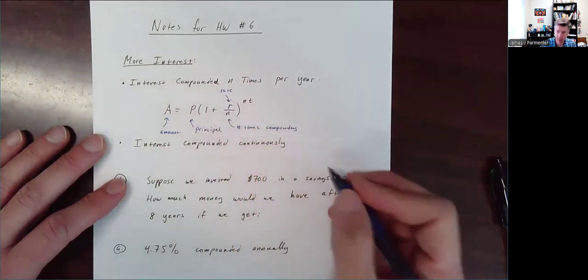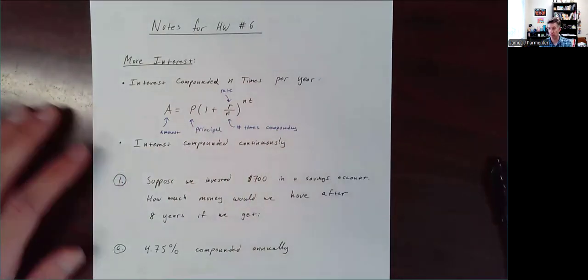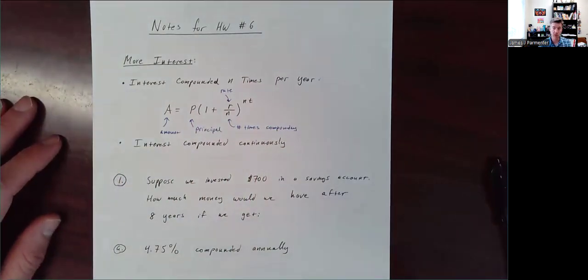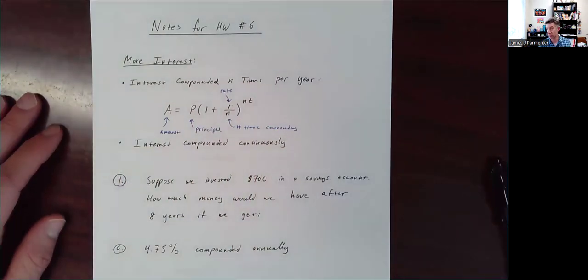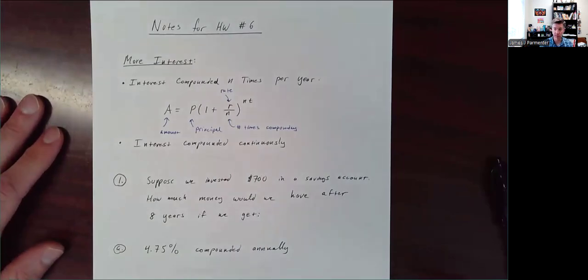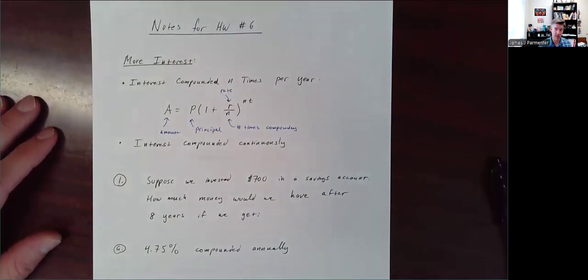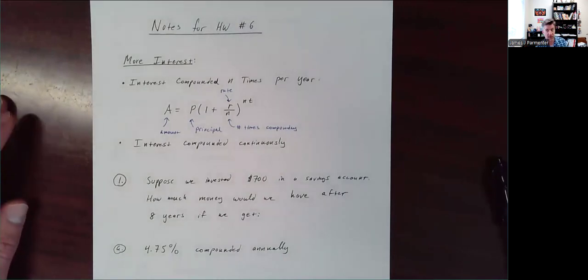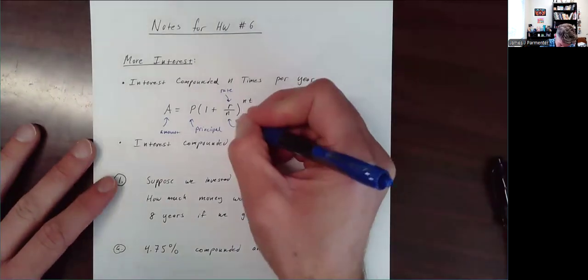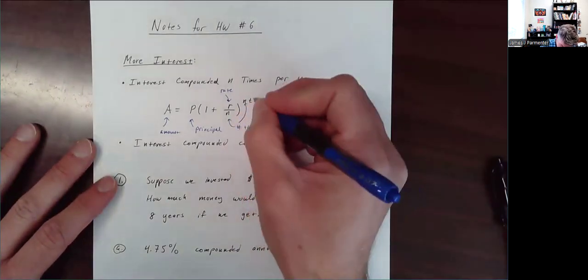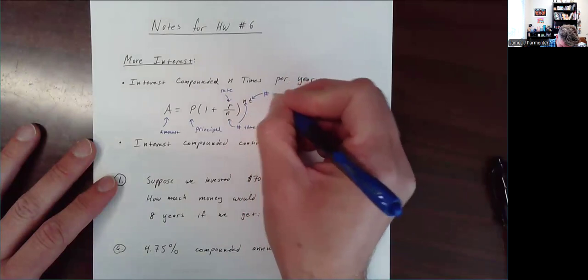So if we're compounding annually, that's once a year, semi-annually is twice a year, quarterly is 4 times a year, monthly would be 12 times a year, weekly would be 52 times a year, daily would be 365 times a year, or minutely, every minute, would be 525,600 times per year. That number goes there, and then t is still the number of years.